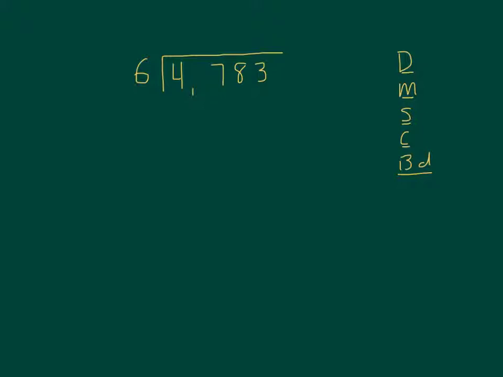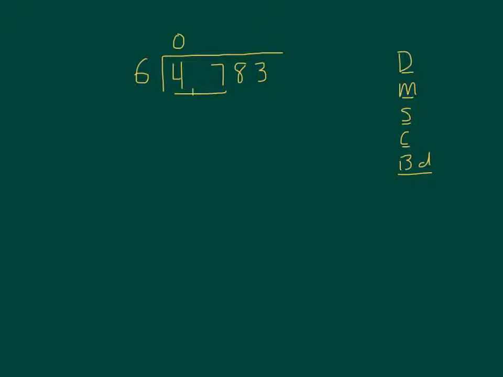How many groups of 6 could I get from 4? If I had 4 apples, how many piles of 6 could I make? Well, I couldn't make any. So now I have to look at the 47. How many groups of 6 could I get from 47?